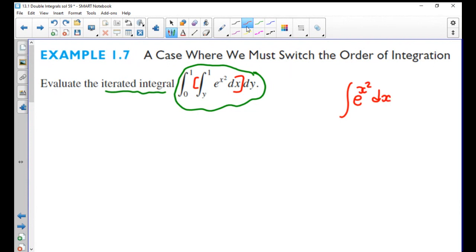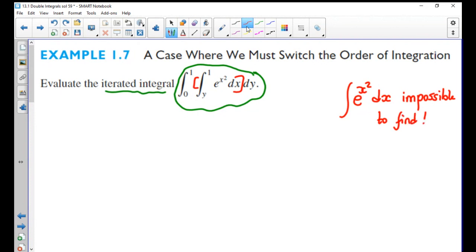If you want to integrate e to the x squared, do we know what function we will get if we do that? No, exactly. The answer is no. It is impossible to calculate. There is no way to calculate this. There is no function like this.